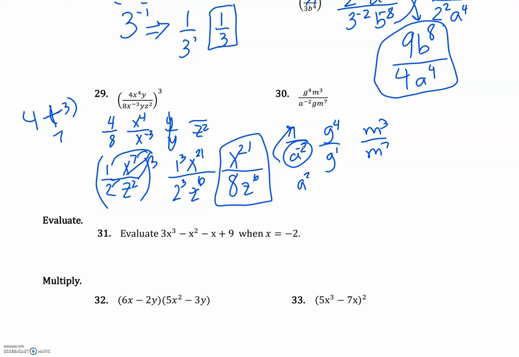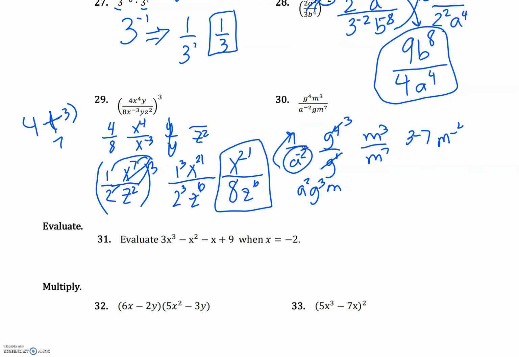G to the 4th minus g to the 1 will just be g to the 3rd on top, and then I'll have over here 3 minus 7, which is m to the negative 4. Because it's negative, I'm going to bring it down, and it'll become positive. A to the 2nd, g to the 3rd, and m to the 4th on the bottom.